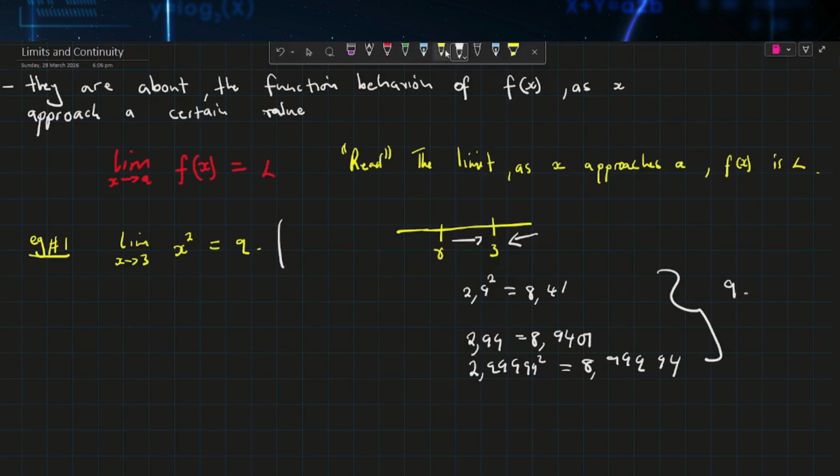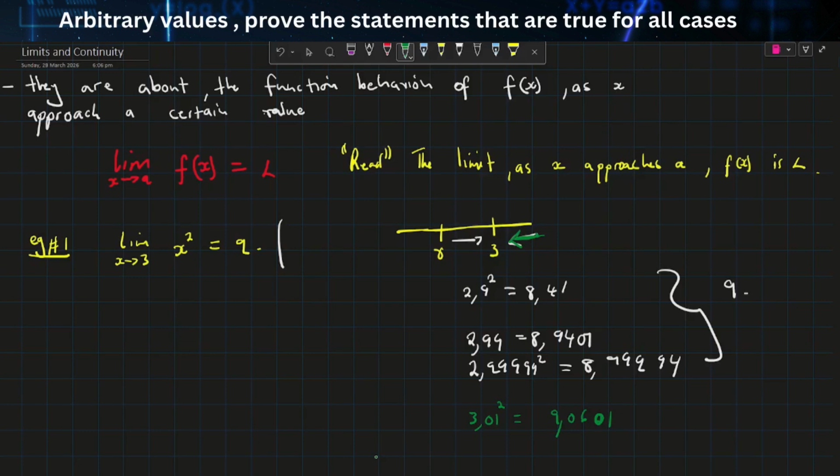If we approach from the other side, the right side, let's say from 3.01, 3.01 squared gives us 9.0601. The closer we come to 3, like 3.001, 3.001 squared is going to be 9.006001.